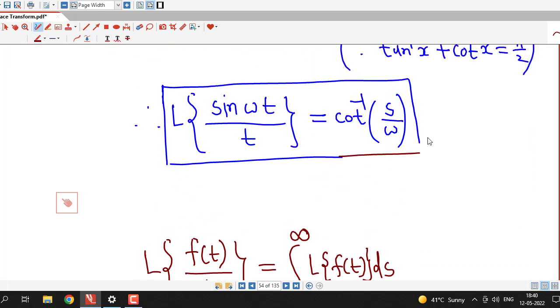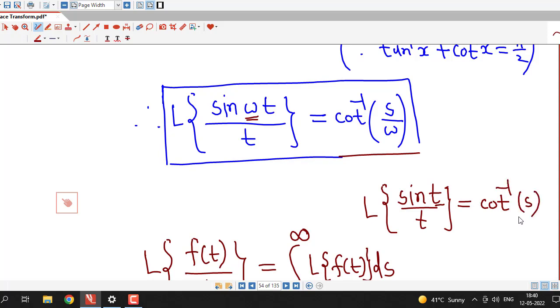Instead of omega, they can give you a particular value. Suppose we are asked to find the Laplace transform of sin t by t, then if we compare with sin omega t, here omega will be 1. So in this case the Laplace transform will be cot inverse of s.